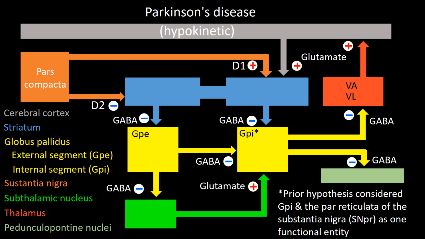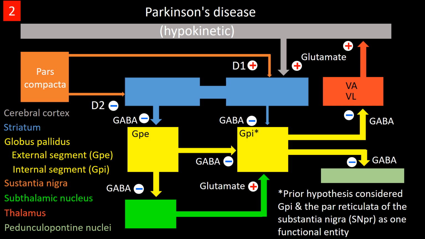I will use a thinning of the lines in this figure to indicate decreased function in the nucleus from which they originate, and a thicker line to indicate increased function in the nucleus from which they originate. As you can see in this frame, the failure of substantia nigra pars compacta is represented by thinner connections.